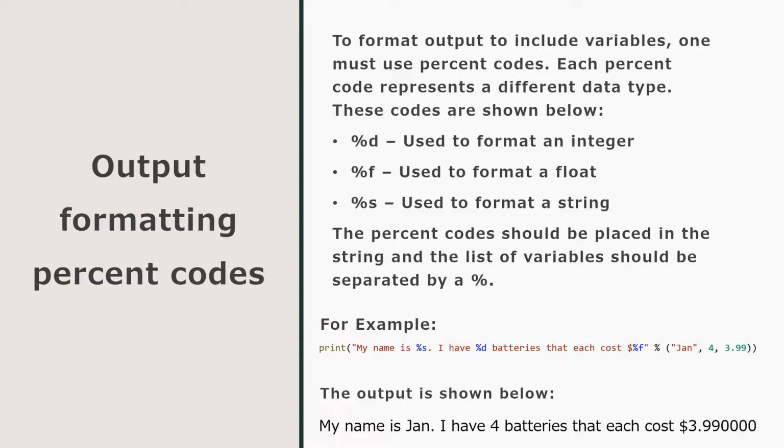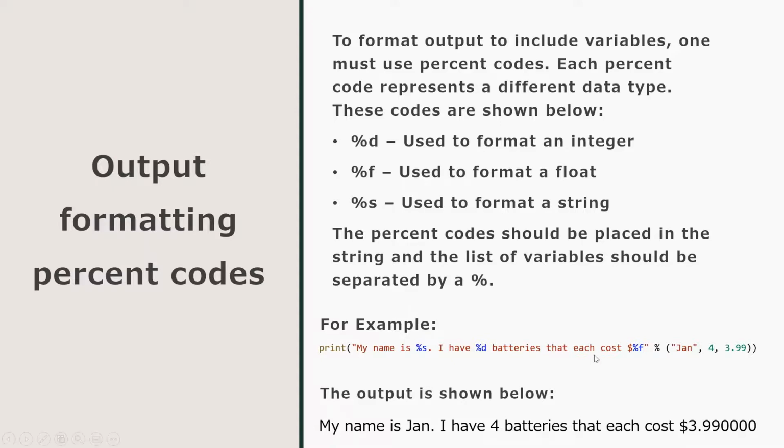So for example, right there on the bottom, that huge print statement contains one of each of these percent codes. So it says my name is some string. I have some int batteries that each cost some float. And then after that, I end the string, I put another percent symbol, and then within parentheses, I write down a list of all the data I want to fill in order.